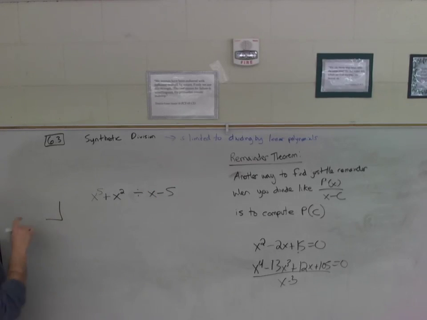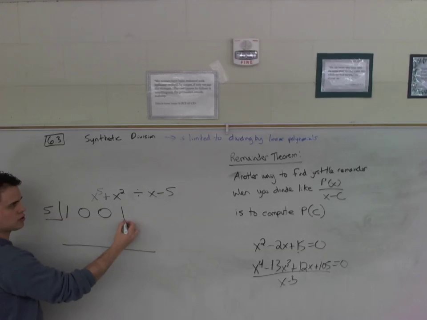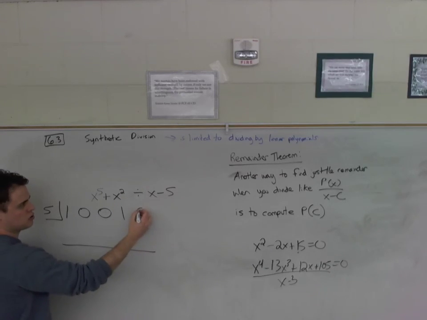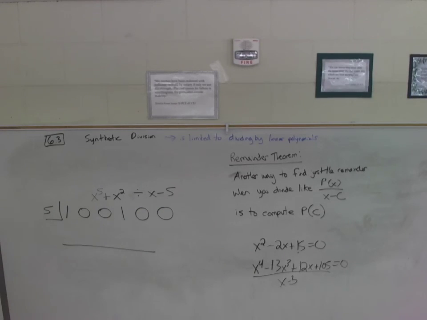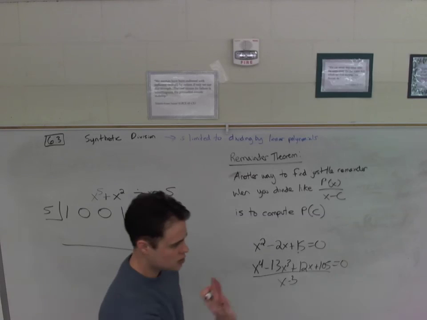So we put 5 here, and we put 1, 0, 0. 0 for 4. 0 for 3. 1 for 2. Is there anything here? No. 0 for 1 and 0 for constant. Okay, so things like that might have a lot of zeros. You might have a couple that have stuff missing at the end. If you don't do that, you're going to get an answer that doesn't make sense. It'll be like, okay, something's wrong here. Okay? All right, that's it.